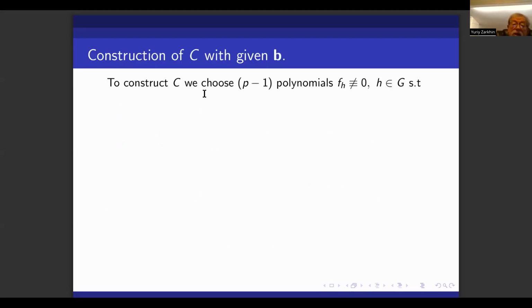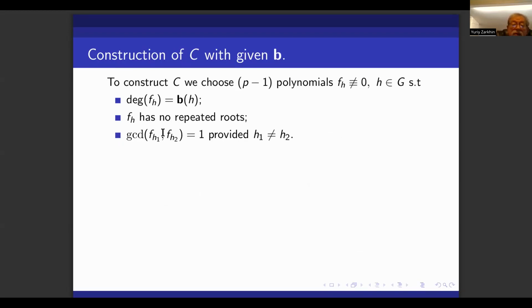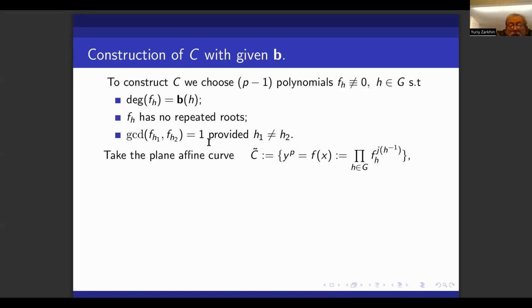Anyway, to construct such a C, we choose p minus 1 non-zero polynomials f h, indexed by elements of our group G, such that the degree of f h is b of h. Each f h has no repeated roots, they are relatively prime for distinct elements of G, and f h is a non-zero constant if and only if b of h is 0.